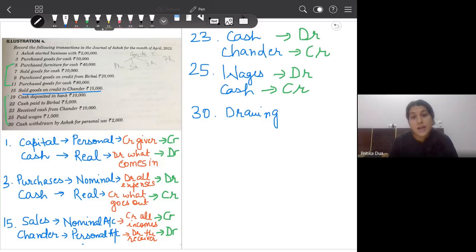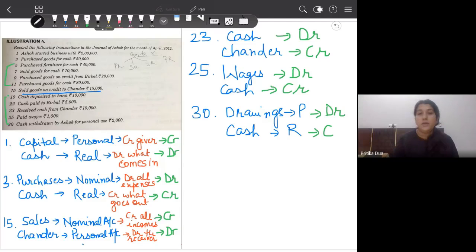Drawings are in the name of a person, so it is under the personal account. Cash, all of you know by this time, is a real account. Ashok is the receiver. Debit the receiver. Cash is going out of the business. It will be credited.